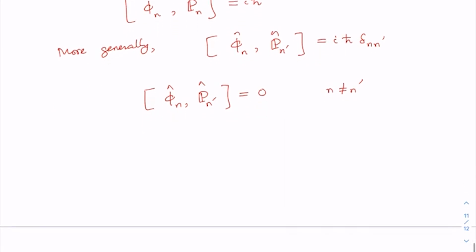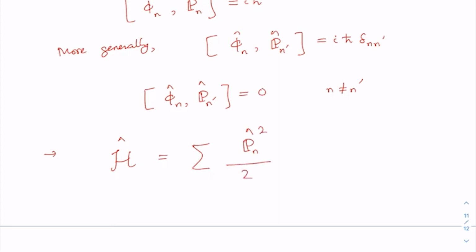So now we have this quantum mechanical Hamiltonian that we write in operator form: P_n²/(2c) plus (φ_{n-1} − φ_n)²/(2l). This is quadratic in position and quadratic in momentum, and it should remind you of the simple harmonic oscillator Hamiltonian.